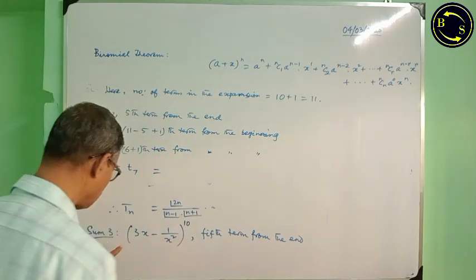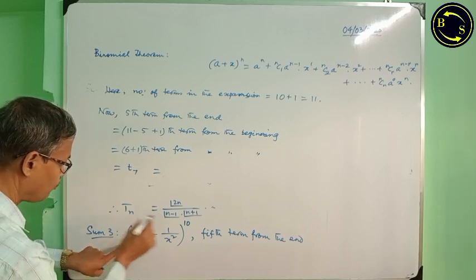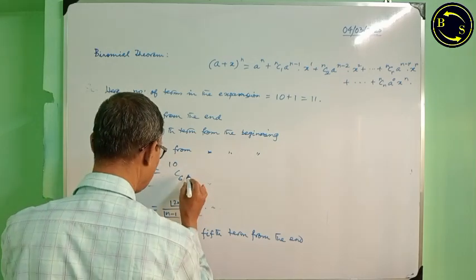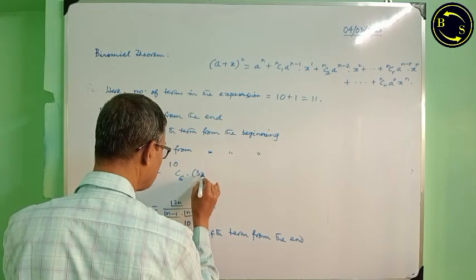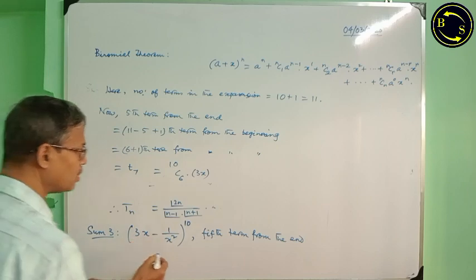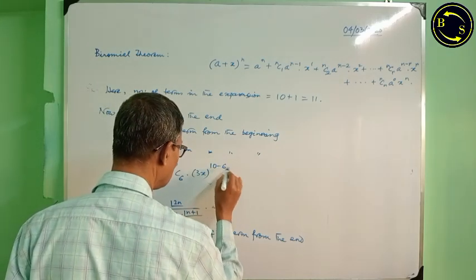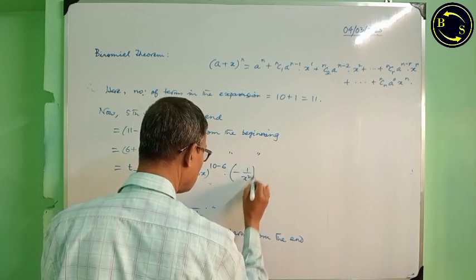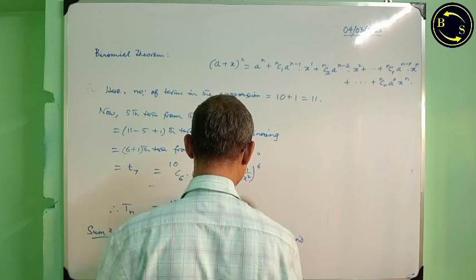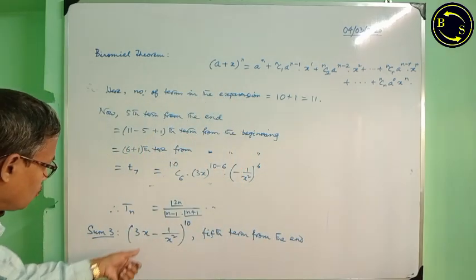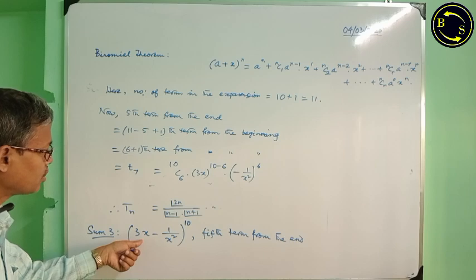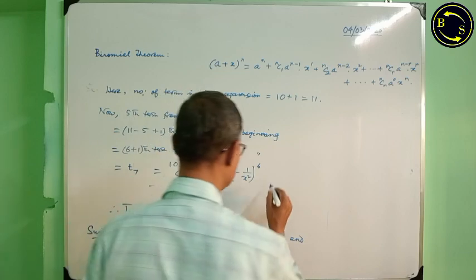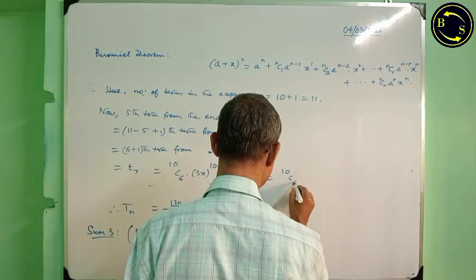That is equal to, now we see the form, 10 C 6 into first term, a is 3x here, into minus 1 by x square whole to the power 6. 3x whole to the power 10 minus 6 into minus of 1 by x square whole to the power 6. That is equal to 10 C 6.